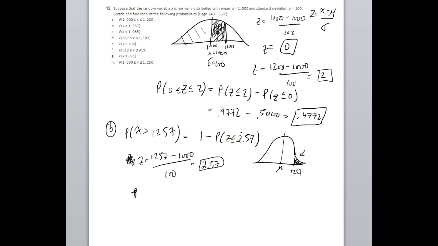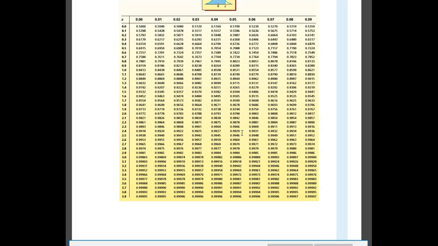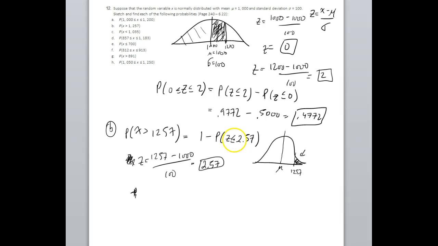So we go over here to 2.5 down on the z, all the way over to 7, and that's 0.9949. So this is 1 minus 0.9949, or 0.0051.